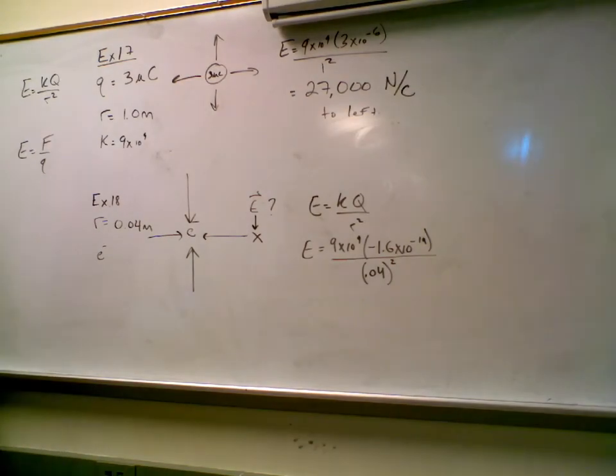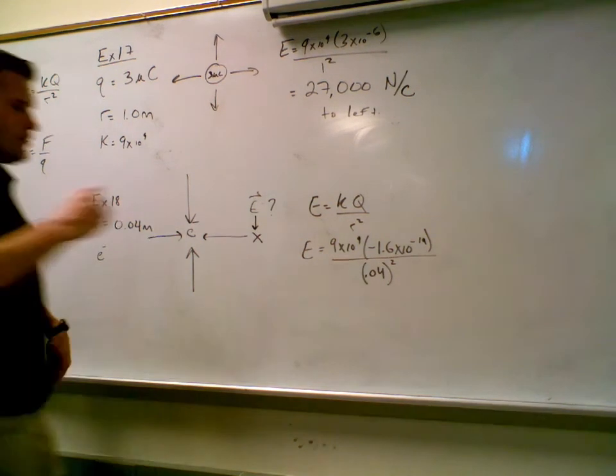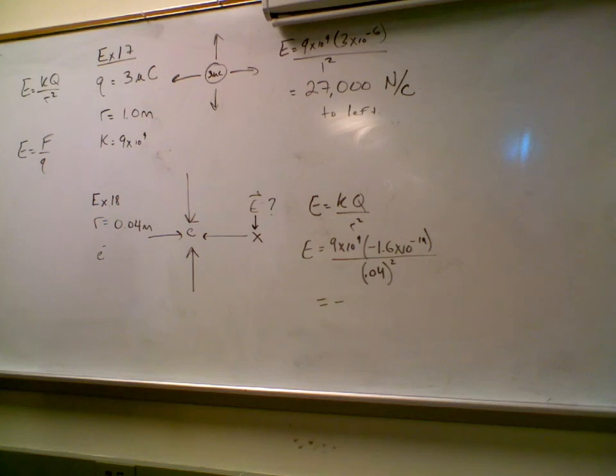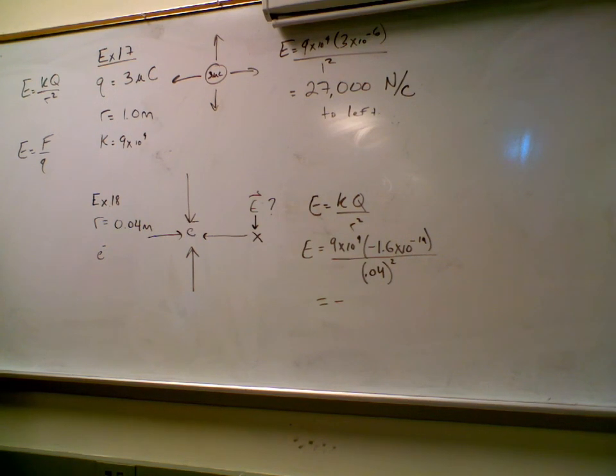Since the charge is negative, what's going to happen when we calculate this? We'll get a negative number. So 9e9 times negative 1.6e-19 divided by 0.04 squared.